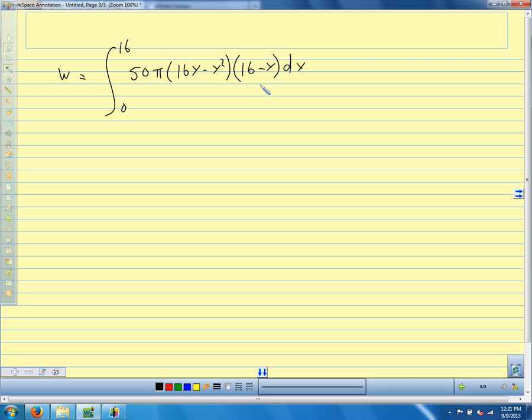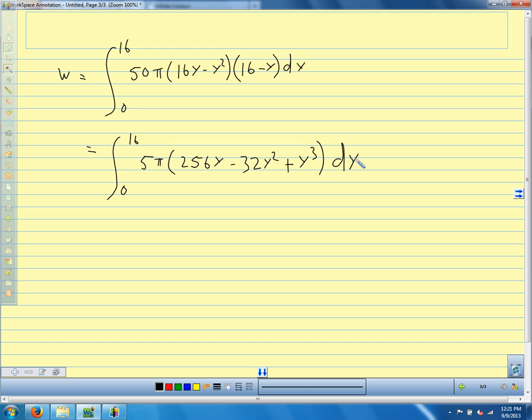And we integrate this. I can expand this out, so I get 50 pi, multiply all this out, 256y minus 32y squared plus y cubed dy, not a difficult integral to evaluate, and I evaluate that integral to get my work.